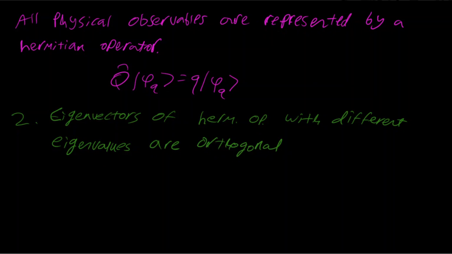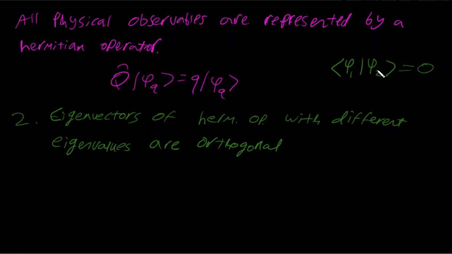And this is also important because if we think about our probability postulate, what is this inner product if I have phi1, phi2? This is saying, if I have a particle in the state phi2, which means it has a value of the observable being q2, assuming that q1 is not equal to q2, this has got to be equal to 0.